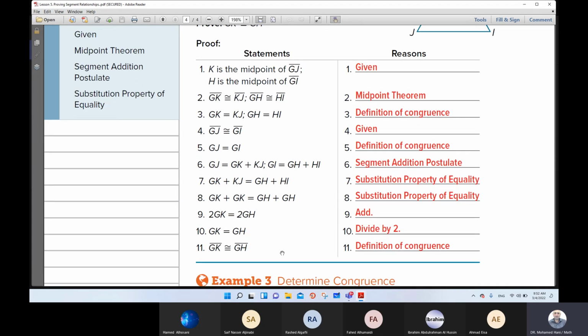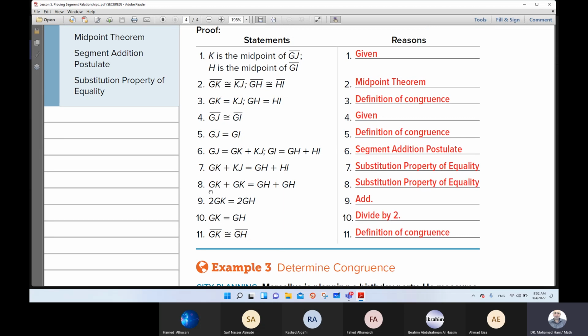Then add the like terms: GK plus GK will be 2GK, and GH plus GH equals 2GH. Then divide the two sides by 2, we will get GK equals GH. This is divide by 2. Then you can use the definition of the congruence, meaning the segment GK is congruent with the segment GH.